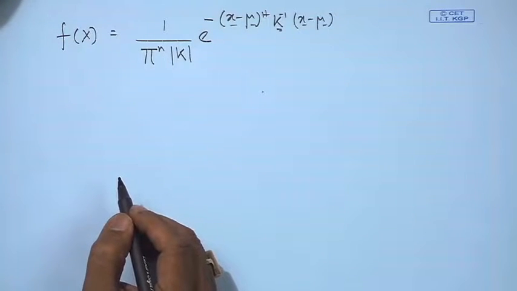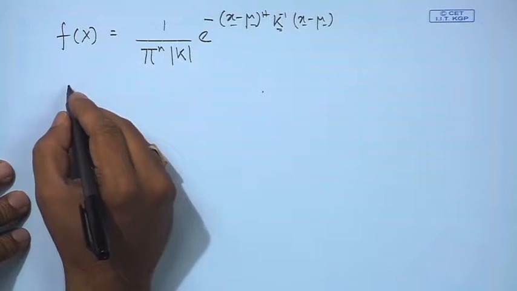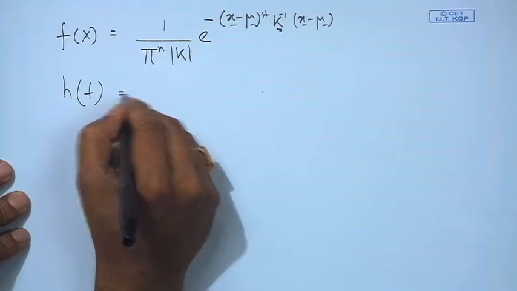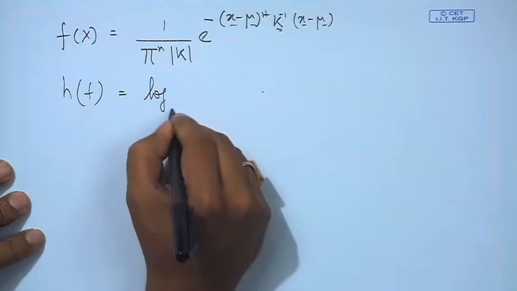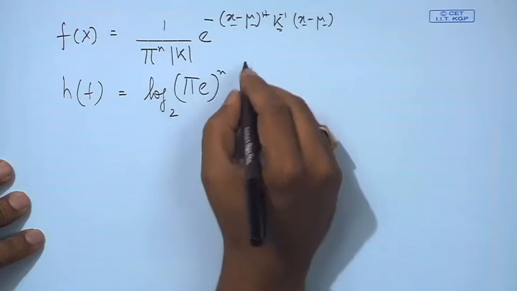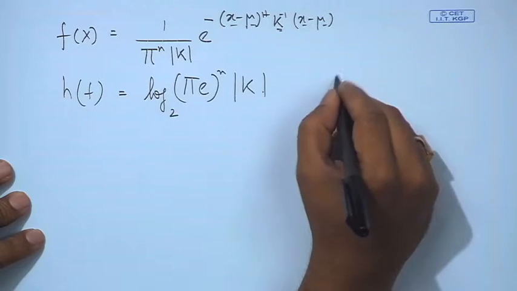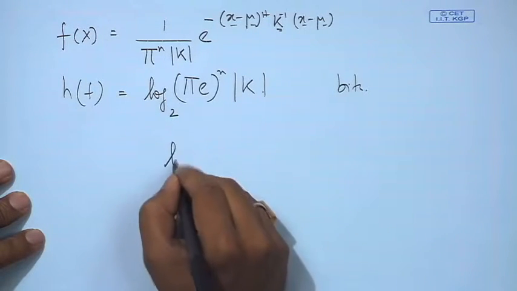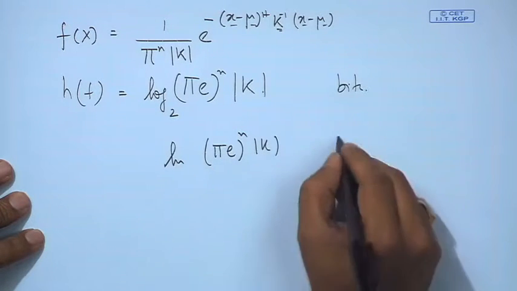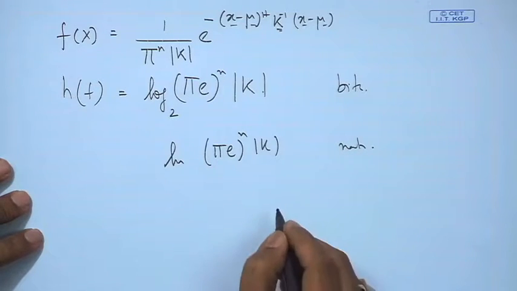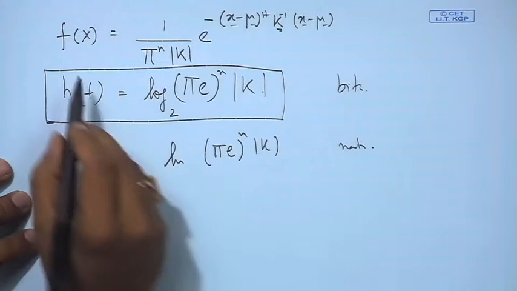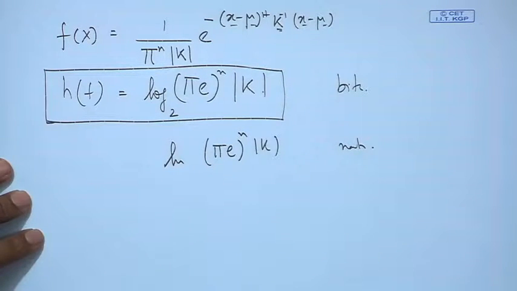If we calculate h of f, what we get, and this is important, is log base 2 of (pi e) raised to the power of n times determinant of K in bits, or ln of (pi e) to the power of n times determinant of K in nats. So this is the expression of h of f when x is complex Gaussian distributed with n components.